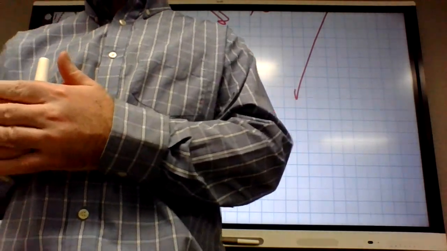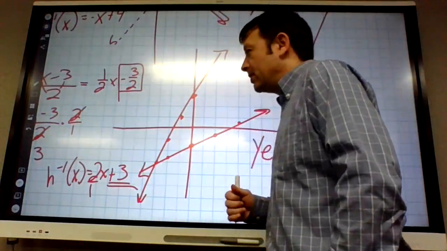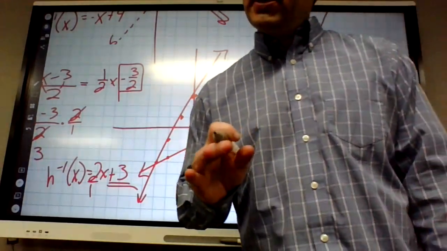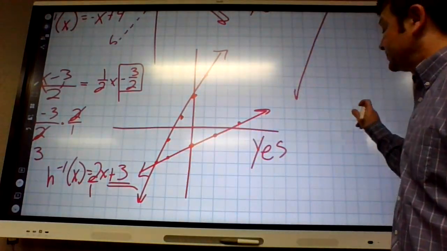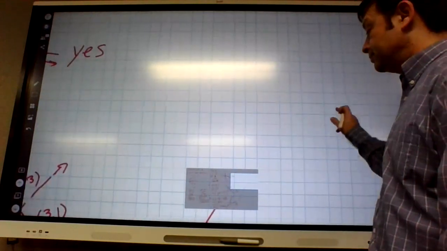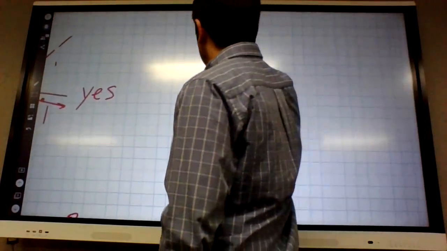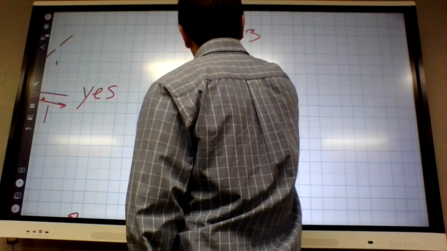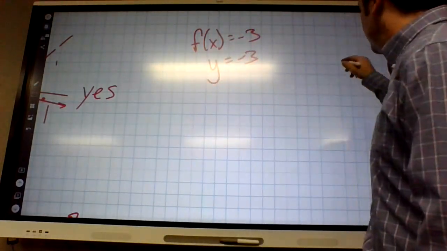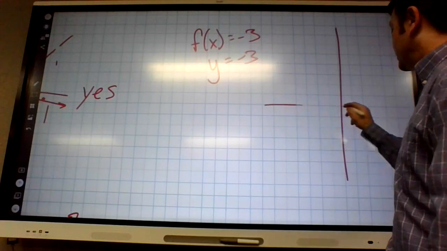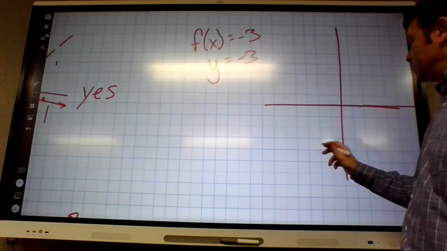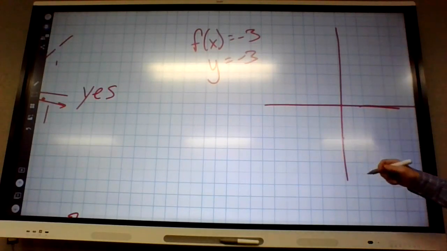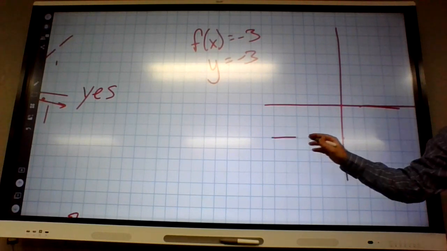Okay, on 16, it just says f of x equals -3. That's like saying y equals -3. What does the graph of y equals -3 look like? A horizontal line: you go to -3 on the y-axis and draw a horizontal line.